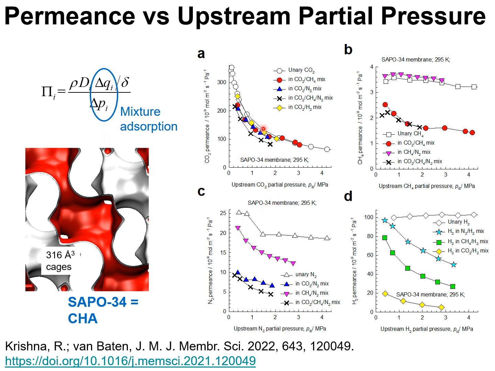For strongly adsorbed components such as CO2, the component permeance in the mixture is practically the same as the unary permeance. For more weakly adsorbed components such as methane, nitrogen, and hydrogen, the permeance in the mixture is severely reduced due to partnering up with more strongly adsorbed partner molecules.